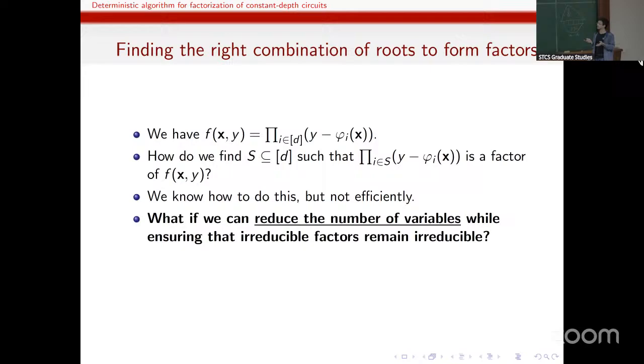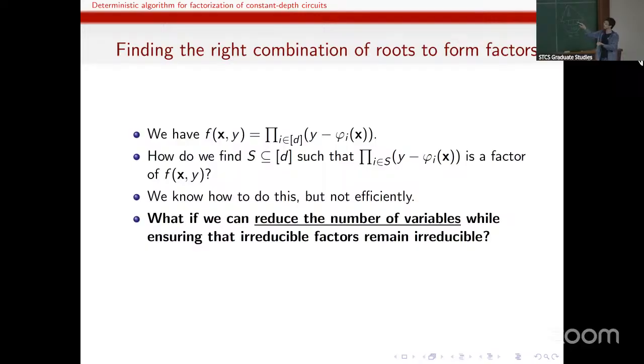So the question is, what if we can somehow reduce the number of variables while ensuring that the factorization pattern remains the same? For one thing, we saw that there are some settings where we can reduce variables while maintaining some key property. For example, hitting set generators reduce the number of variables while ensuring that polynomials from a certain class remain non-zero.